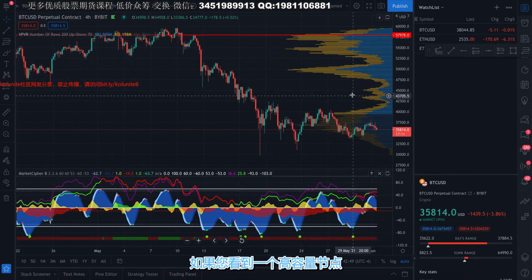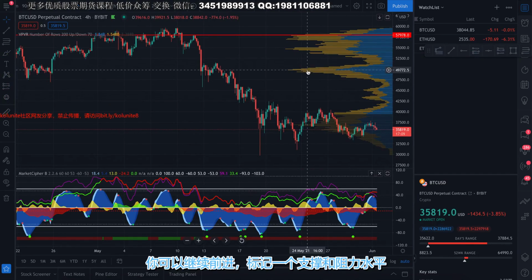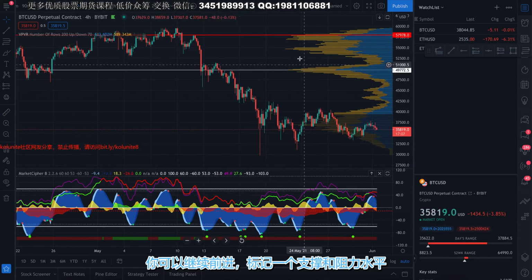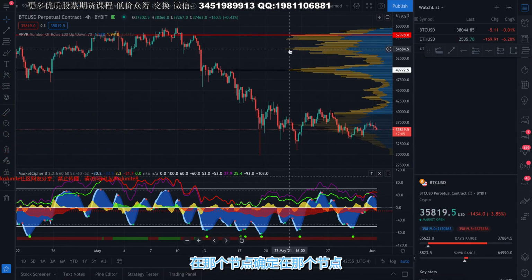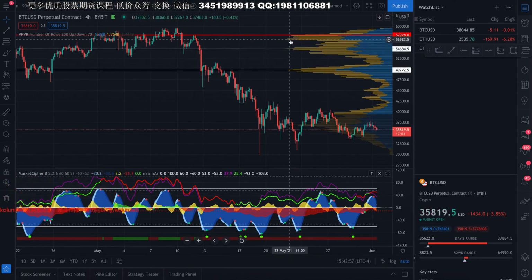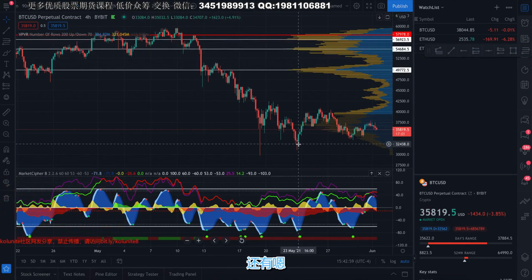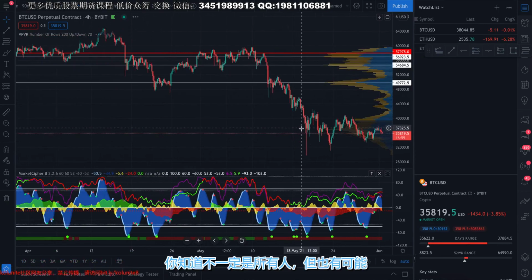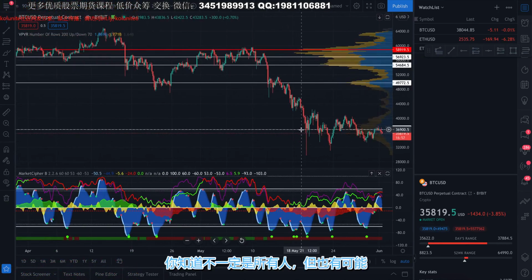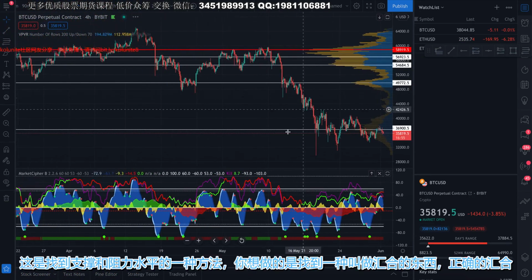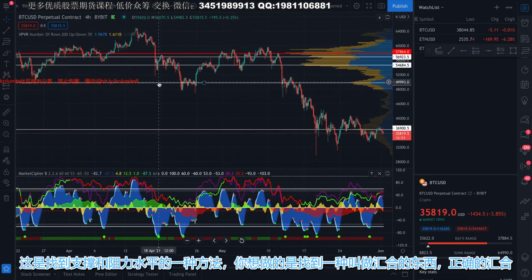If you see a high volume node, you can go ahead and mark a level of support and resistance at that node. And you know, it doesn't have to be all of them, but it can be. And this is one way to find levels of support and resistance.